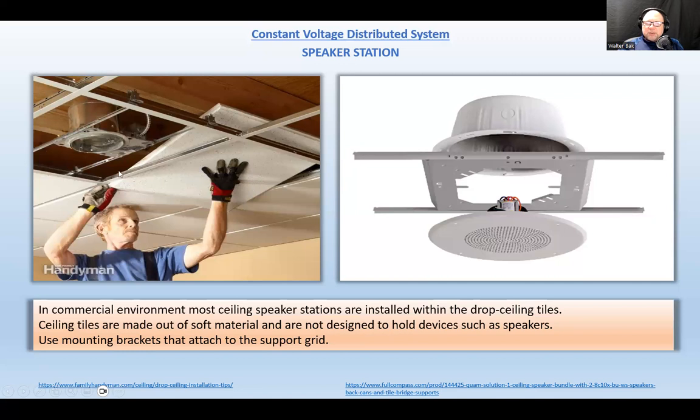So what is being used here is the framing of something that's called a dropped ceiling, with the ceiling tiles. The main framing is quite sturdy. It's aluminum, but it can handle a certain amount of weight, such as the weight of the speaker station. Different shapes of forms are used depending on the manufacturer. Here's an example of one.